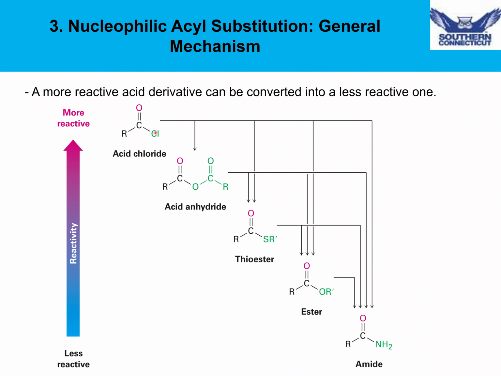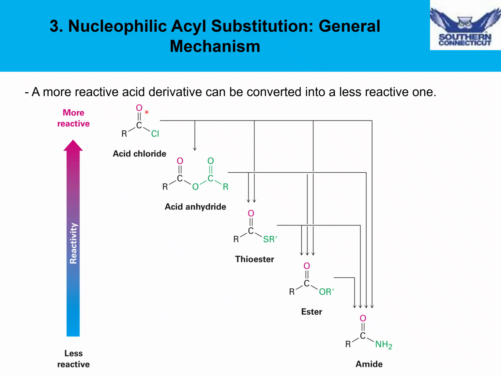The acid derivatives can be interchanged, going from one acid derivative to another, fairly easily. It is even easier when you start off with a more reactive acid derivative, and converting it to a less reactive one is a lot easier to do.